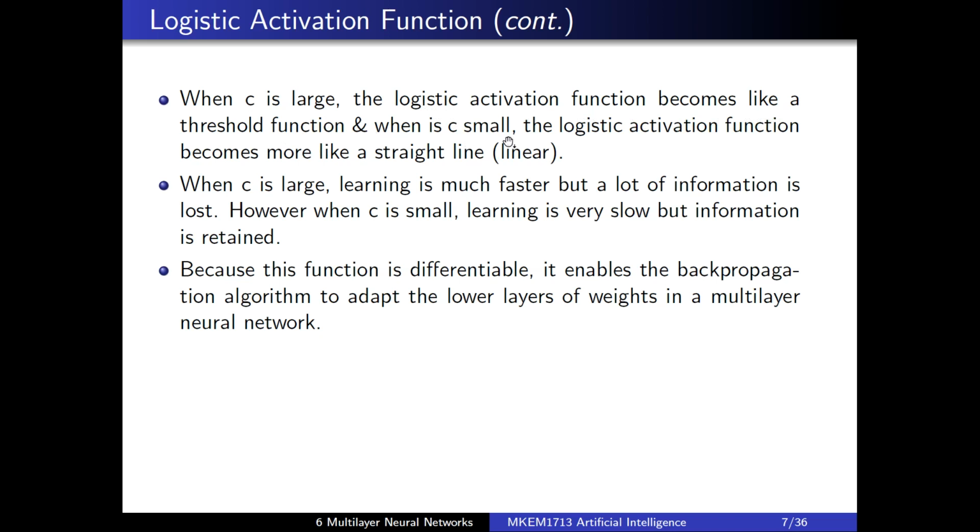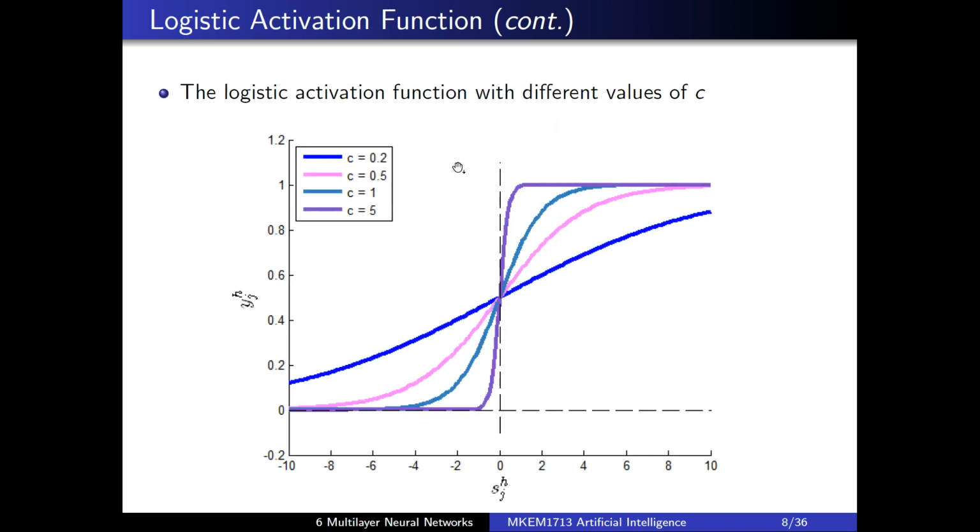When C is small, it becomes more like a straight line. So let's see the next slide. When C is low, it becomes a straight line. When C is high, it becomes like a binary activation function with threshold value 0.